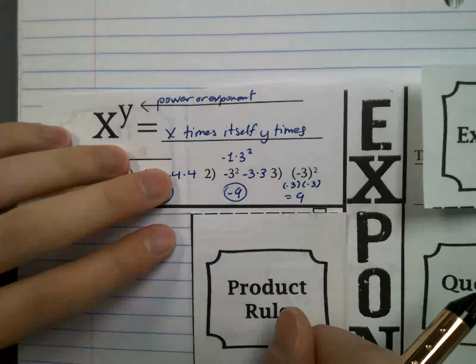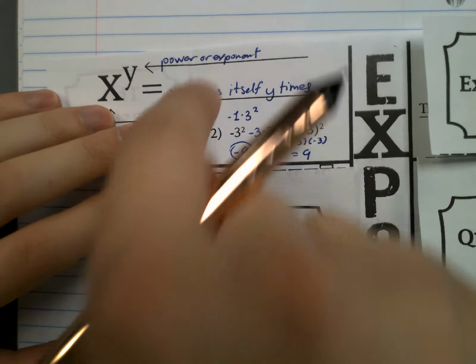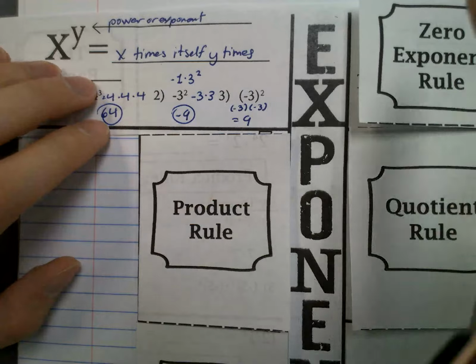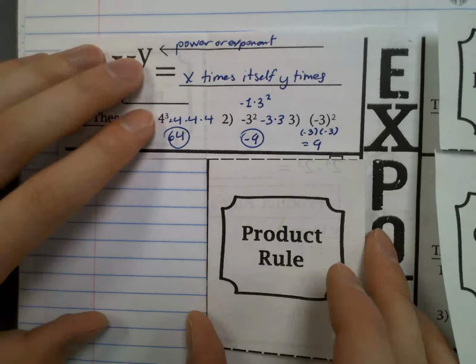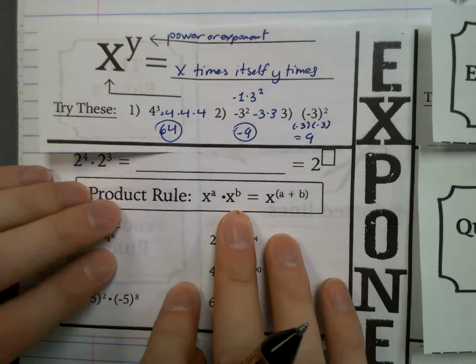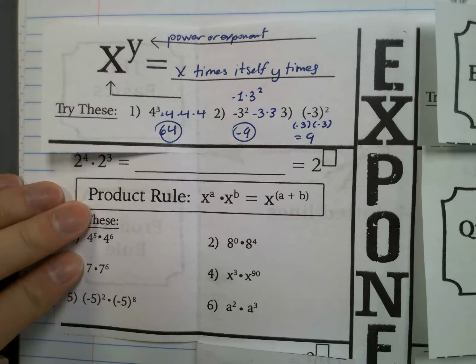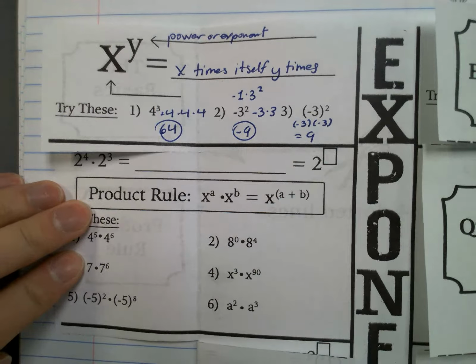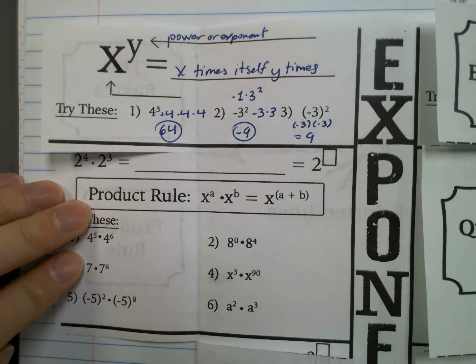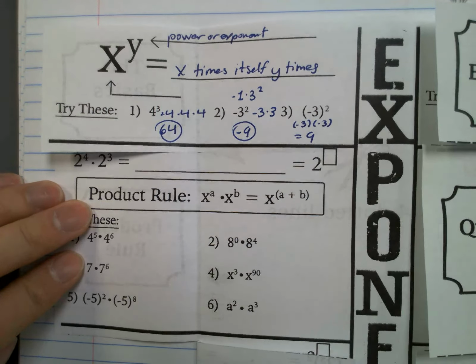Now, let's talk about the very first one. We're going to go down, up, and back around. So we're going to do a U on this thing. Okay, product rule. Okay, so the product rule states that if I have 2 x's with exponential variables, I add the 2 variables together when multiplying the bases.